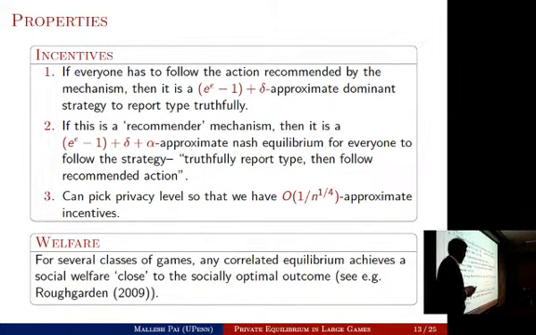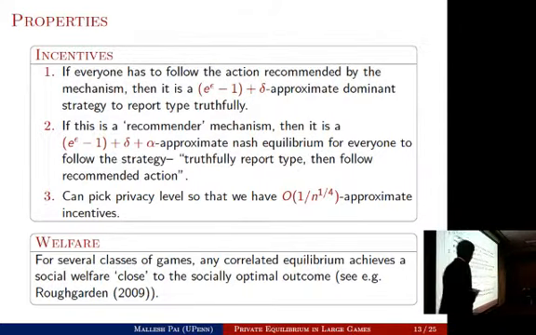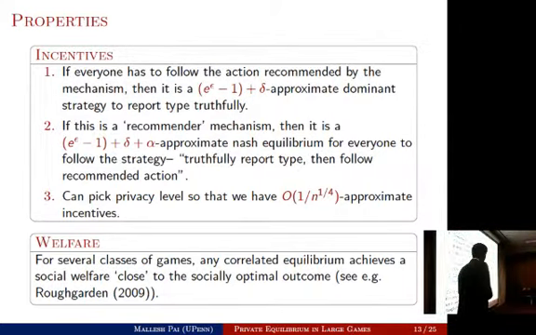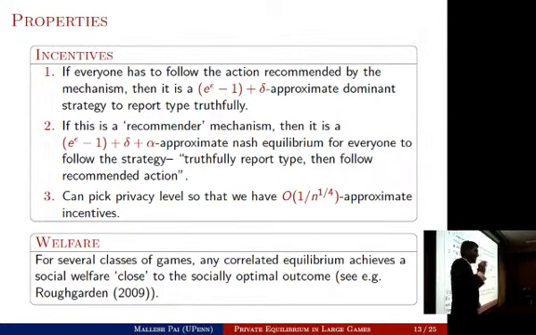Finally, you might ask, what about welfare? We don't have a lot to say about welfare. On the other hand, there are results that suggest that for a large class of games, any correlated equilibrium achieves social welfare close to the socially optimal outcome, close in the sense of constant price of anarchy. This class is called smooth games, and those results extend to approximate correlated equilibrium and therefore extend here as well.